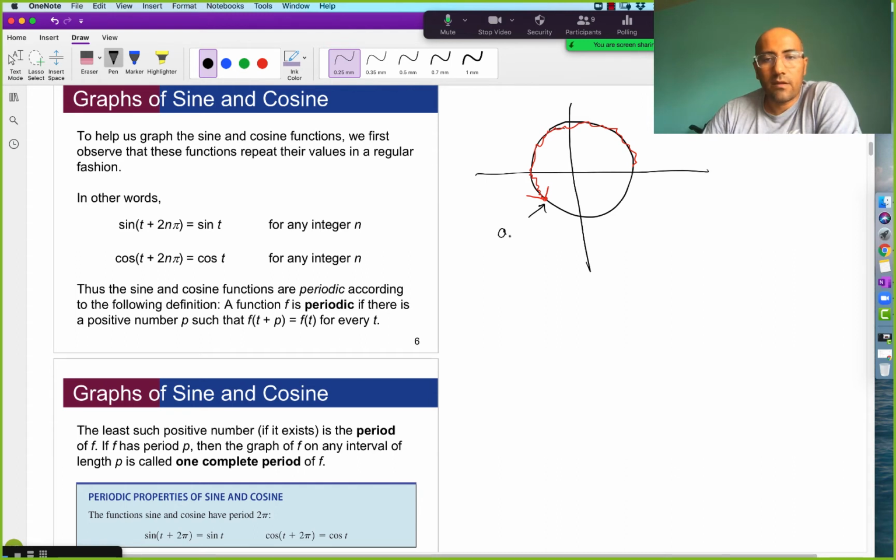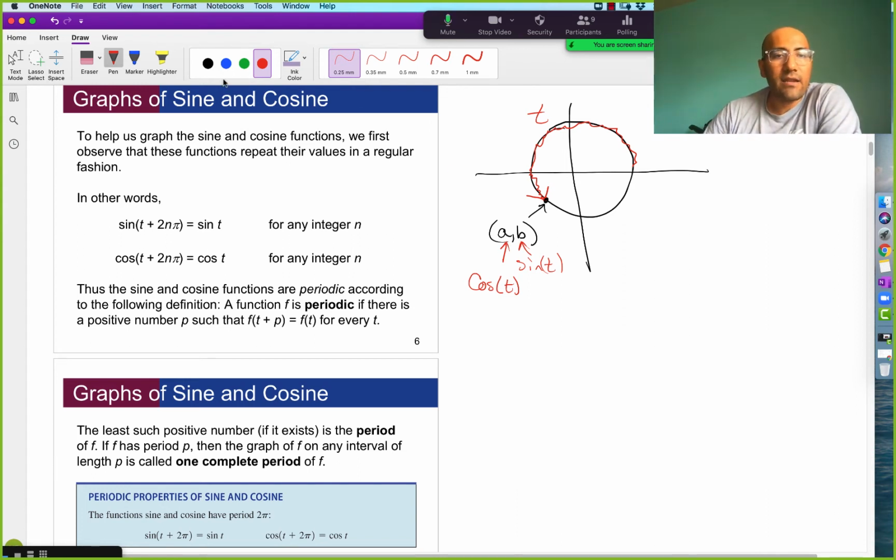I don't know, let's call it a comma b, some terminal point that belongs right there, and it's associated with t, right? Therefore, if we want to define what is cosine of t, well, it's that x-coordinate. And what is sine of t? Well, it's that y-coordinate, right? So the y-coordinate of that terminal point is the sine, the x-coordinate is the cosine value.